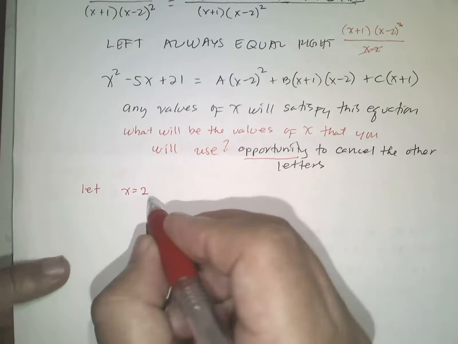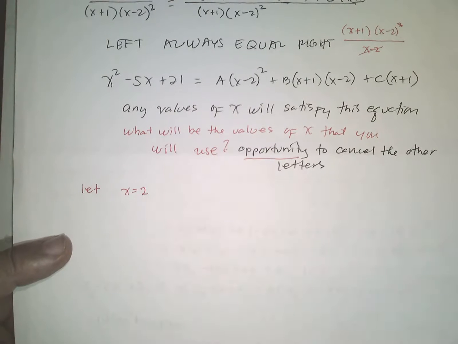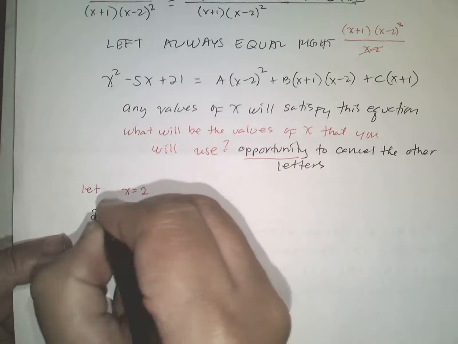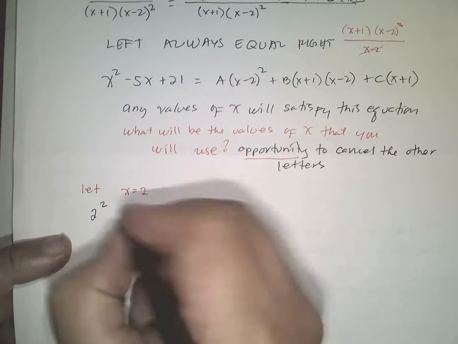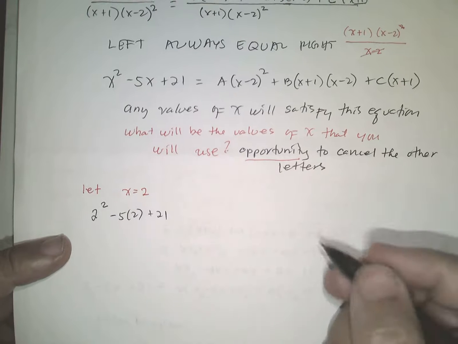So if my x equals 2, the left-hand side will be 2 squared minus 5 times 2 plus 21.